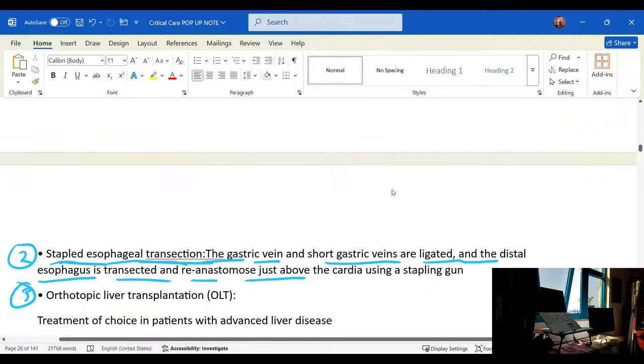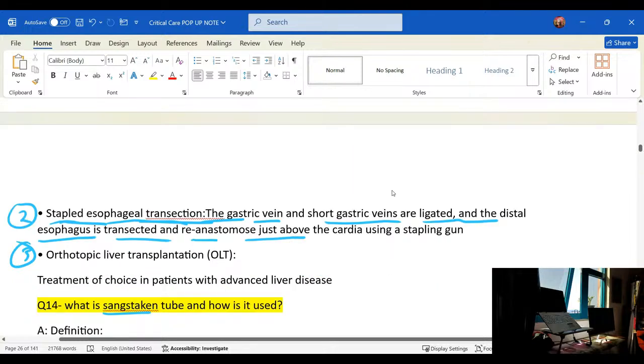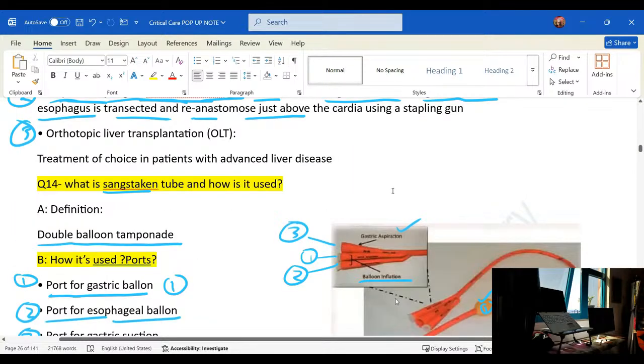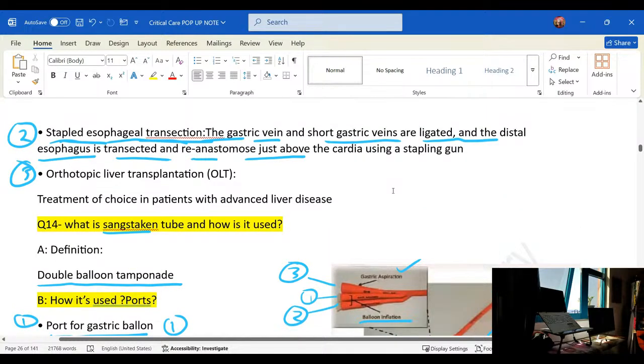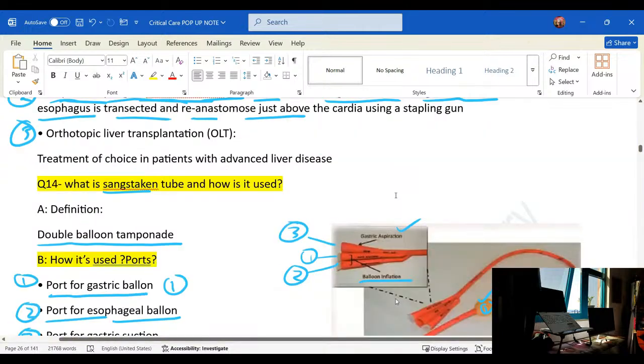Liver transplant is the treatment of choice in advanced liver disease. If advanced liver disease, then liver transplant.